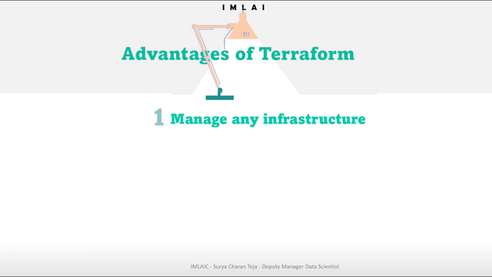You can find almost all of the providers, and you can also write your own if you want. Terraform also takes an immutable approach to infrastructure, reducing the complexity of upgrading or modifying your services and infrastructure.